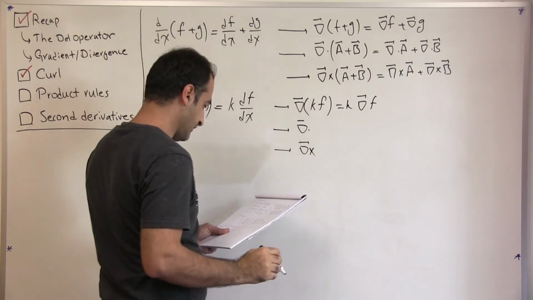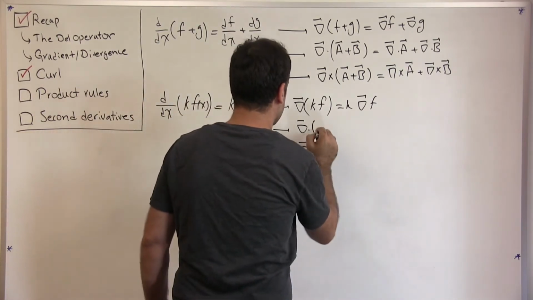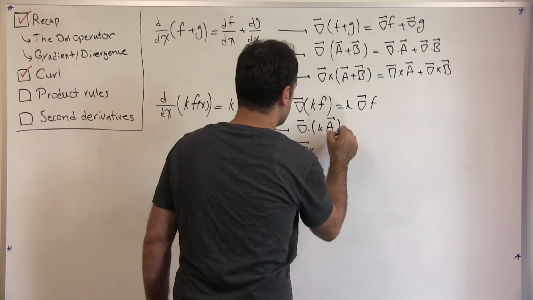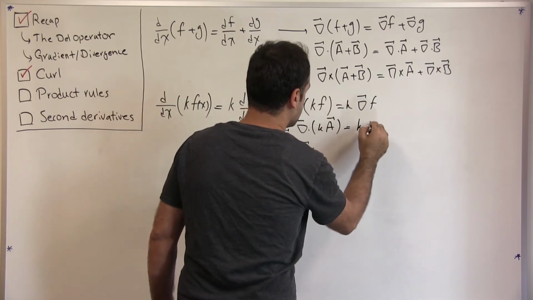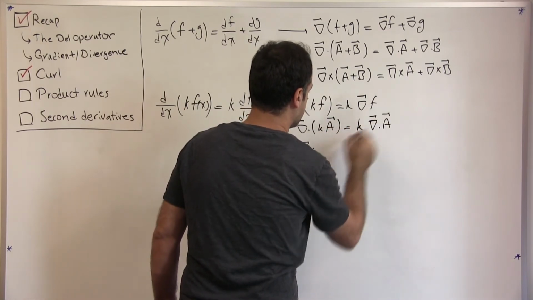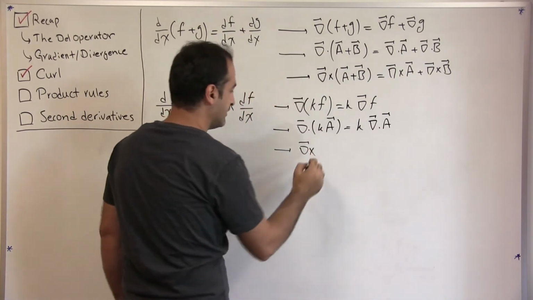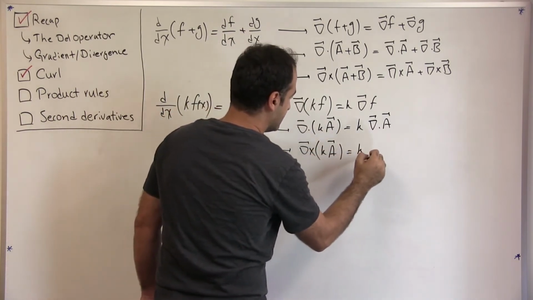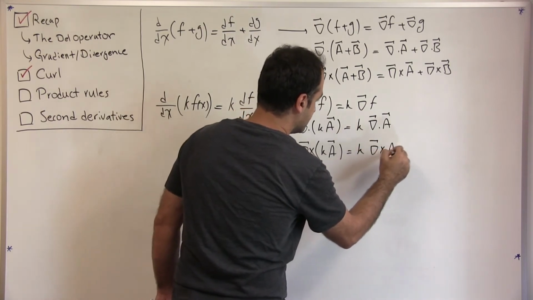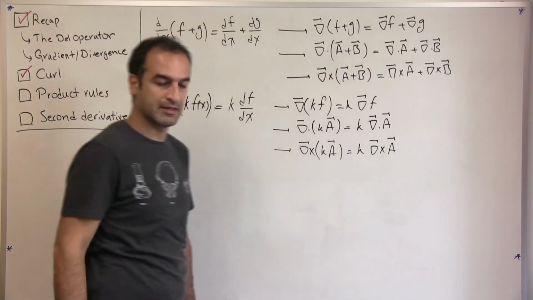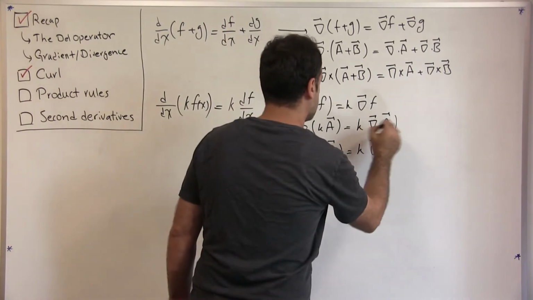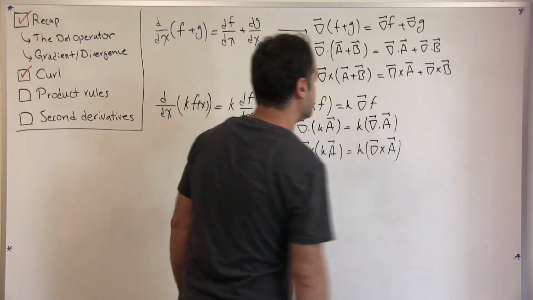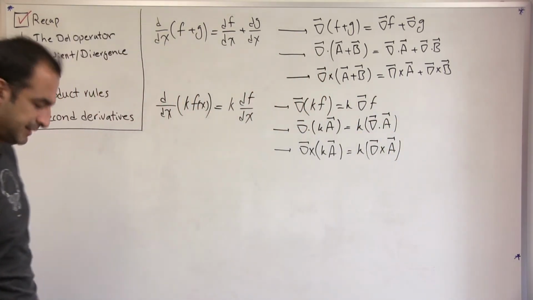If you have divergence of kA, you get k times divergence of A. And if you get curl of a constant times a vector, you get that constant times the curl of the vector. Okay, I can put them in parentheses as well, something like this.